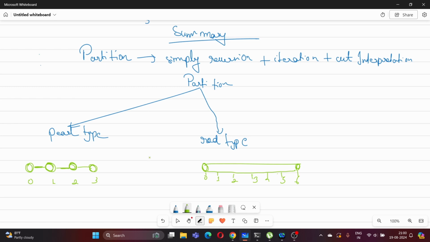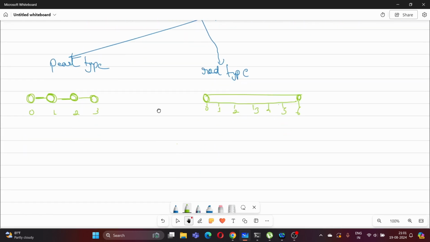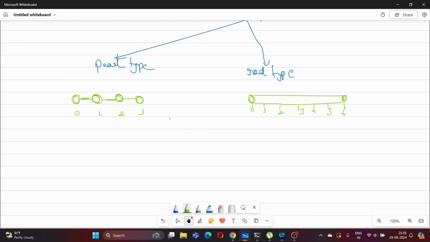So cut interpretation, coming to the most important part. Recursion plus iteration plus cut interpretation. When we say iteration, start and end are an absolute necessity in understanding it. Now when we see this 0 1 2 3, what does a cut here mean?